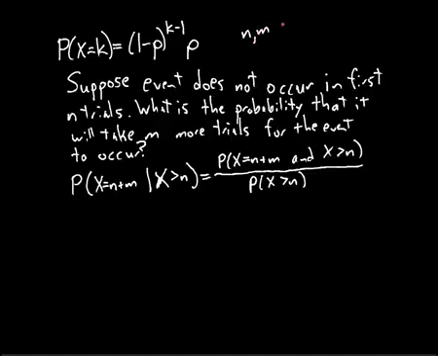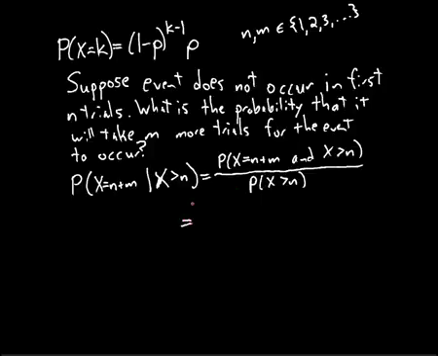So n and m here are going to be positive integers. That's important. And actually, you can have 0 for n and m, but we'll stick with positive.